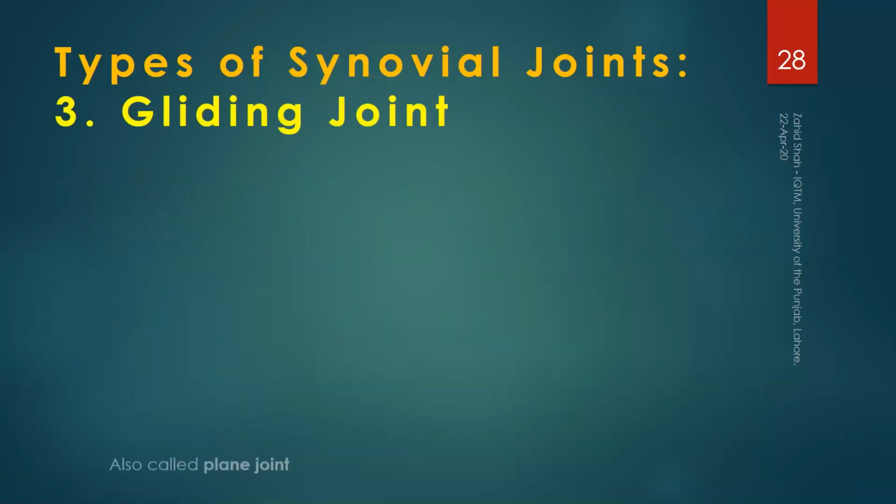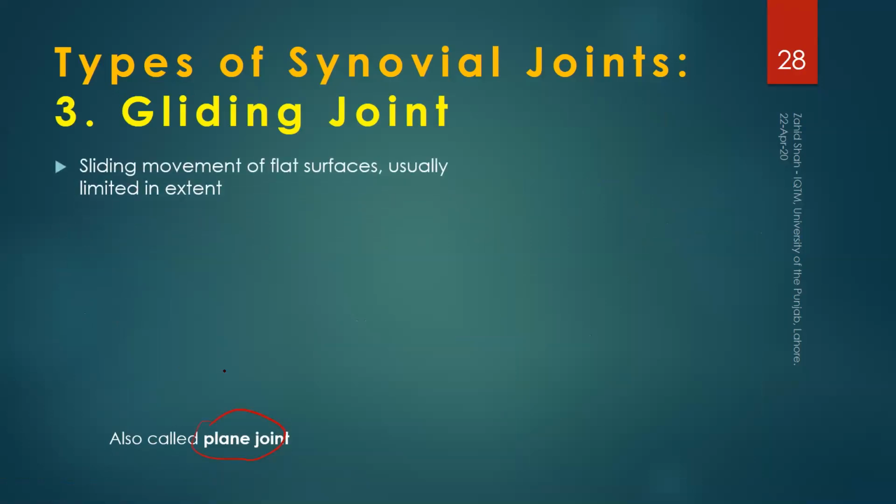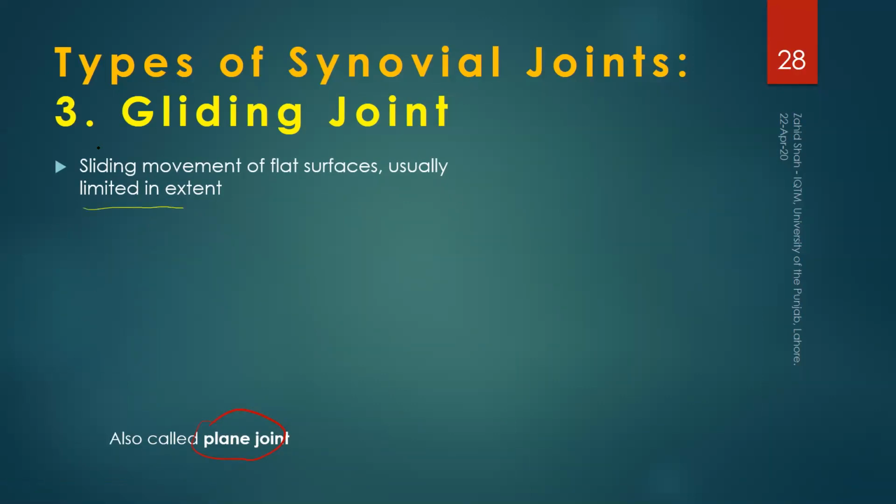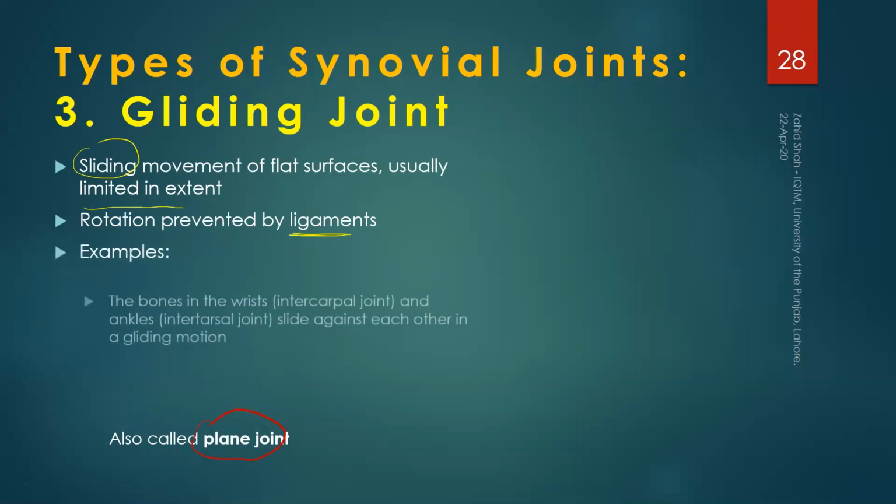And next we have gliding joint. This is also called plane joint. Sliding movement of flat surfaces, usually limited in extent. There is sliding movement, but the range of movement is small. There is no rotation because there are strong ligaments that actually limit the free movements.